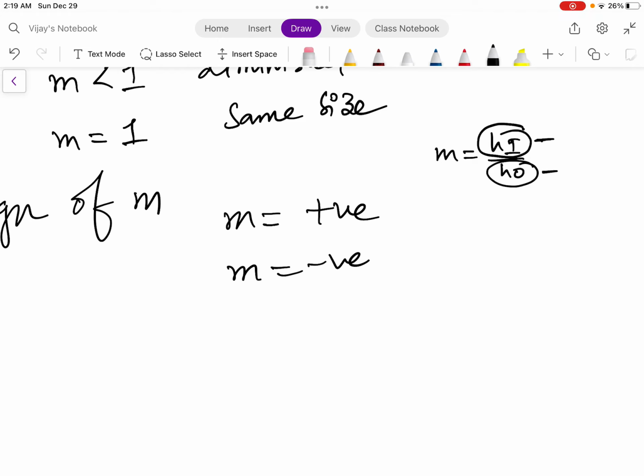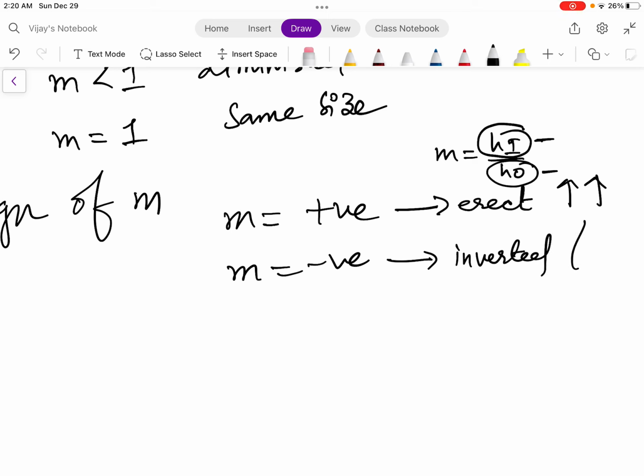That means both are either negative or both are positive. So when it is positive, I conclude the image is erect. But when it is negative, the sign of HI and the sign of HO should be different. Then it means the image is inverted.